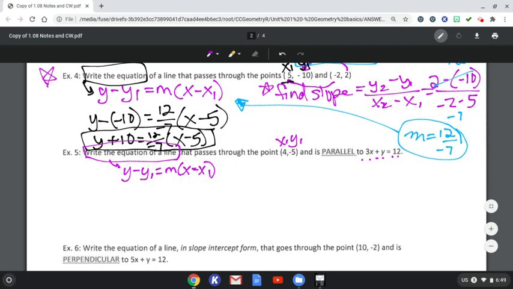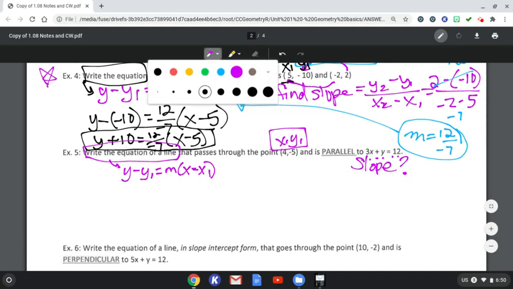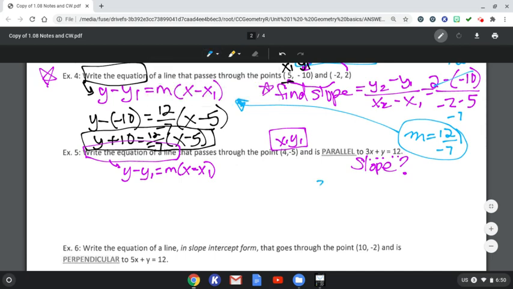So looking into our equation, right now we have the ordered pair x1, y1, but we need to find the slope. So given that equation here, 3x plus y equals 12, we're going to subtract our 3x over to find our slope. So y equals negative 3x plus 12.